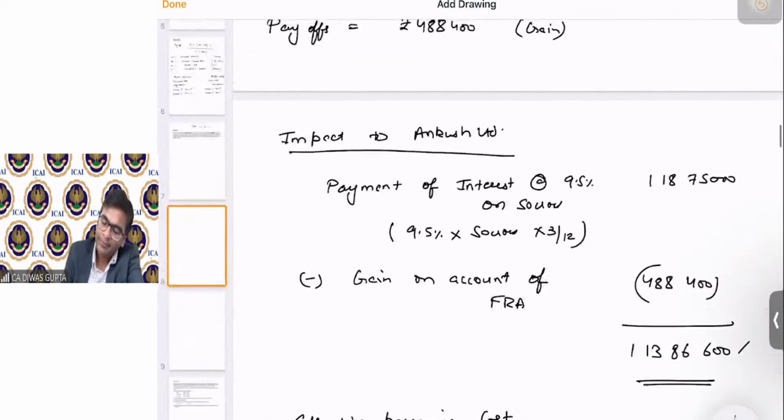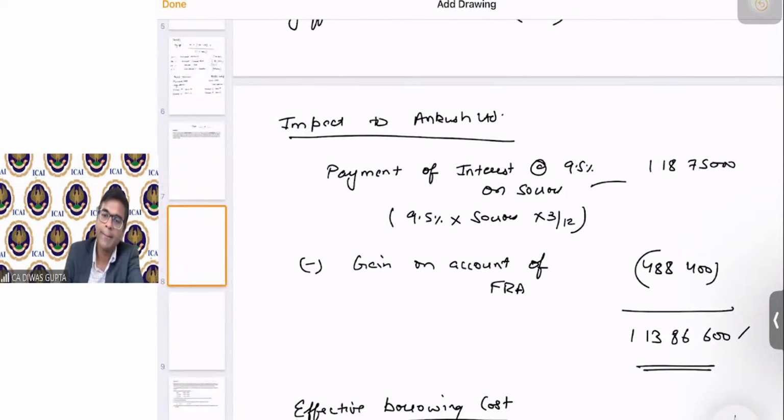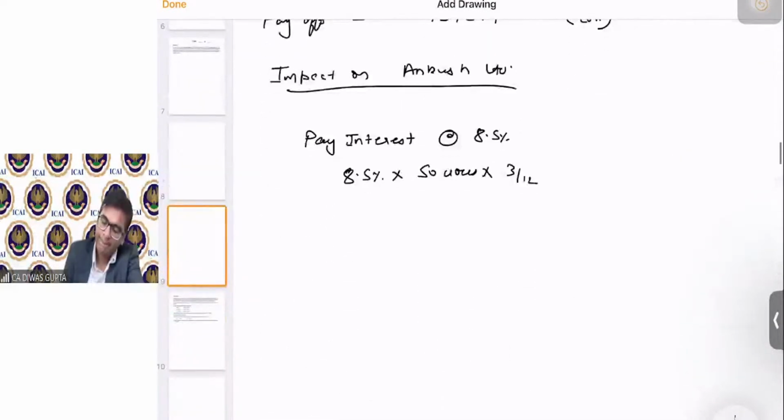Correct? Just like similar to this. 50 crores into 8.5 percentage into 3 divided by 12, which is 1 crore 6 lakh 25,000.